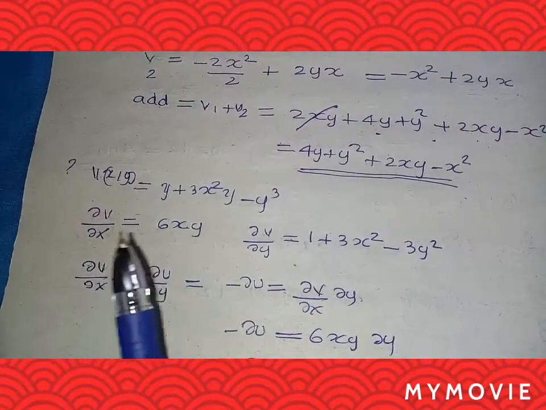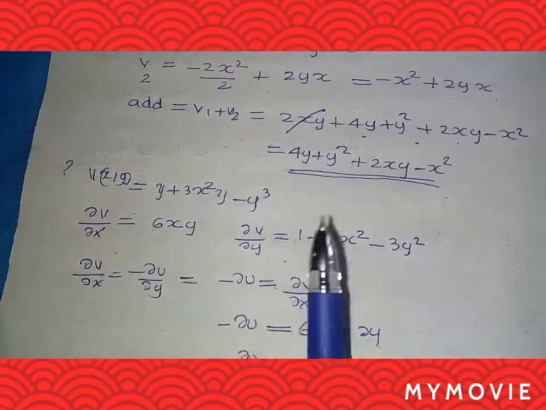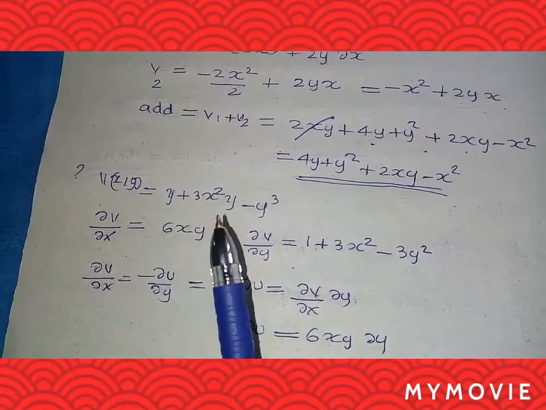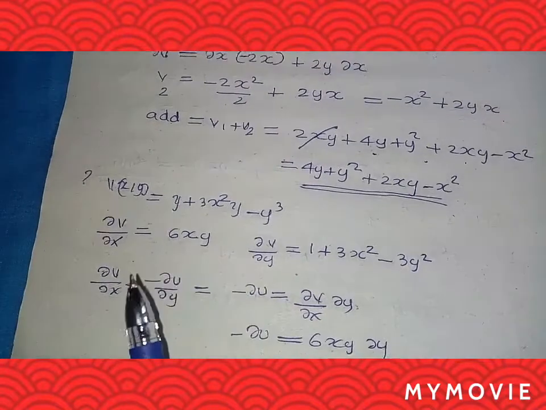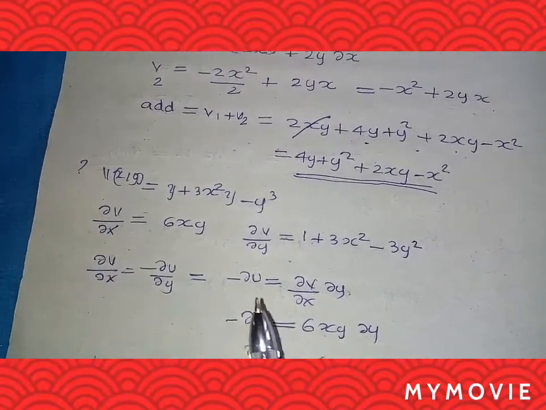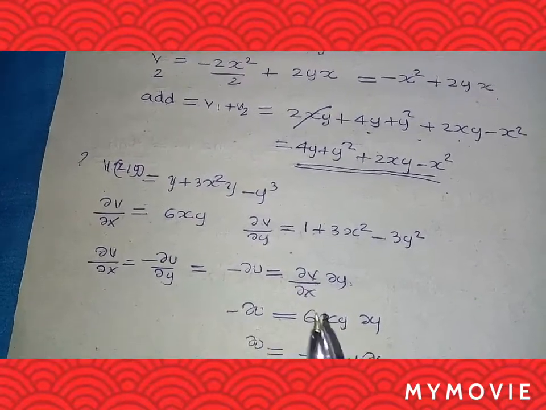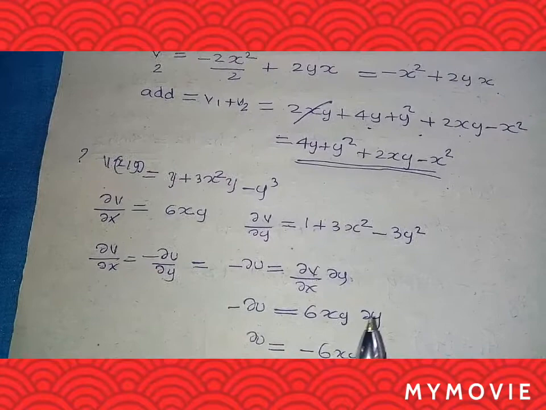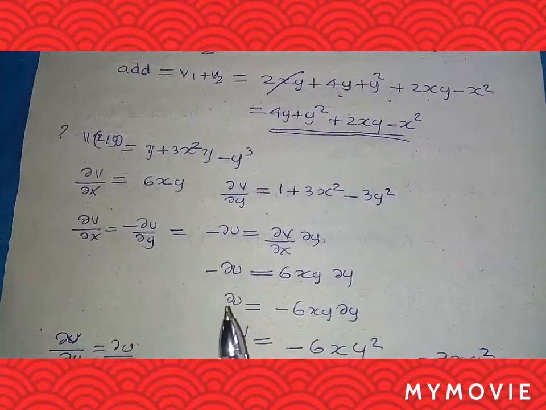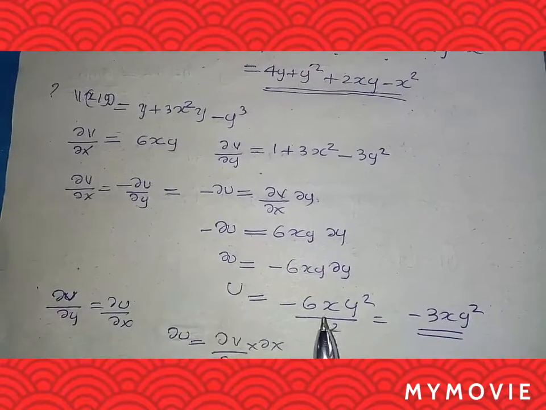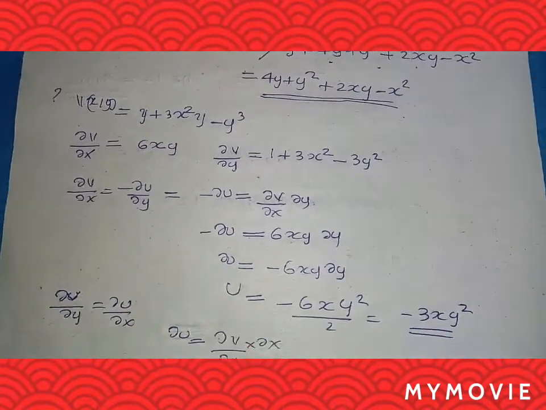So dou v by dou x is equal to 6xy. Dou v by dou y is equal to 1 plus 3x square minus 3y square. Dou v by dou x should be equal to minus of dou u by dou y. From that, minus dou u is equal to dou v by dou x into dou y. We get dou v by dou x as 6xy into dou y as minus dou u. Dou u is equal to minus 6xy dou y. u is equal to minus 6x y square by 2.